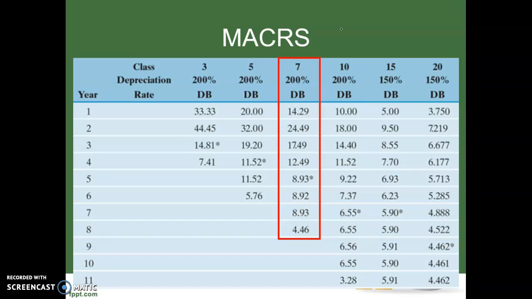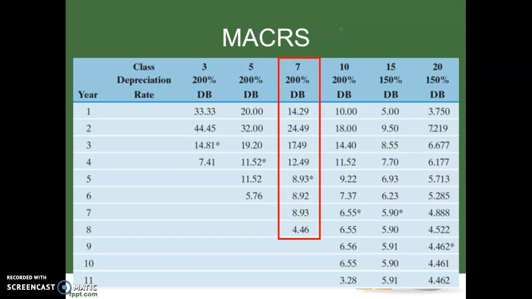In the first year, you're only allowed to depreciate half of the double declining balance method. That's just a way to assume that the asset is put into use at some point about halfway through the year.